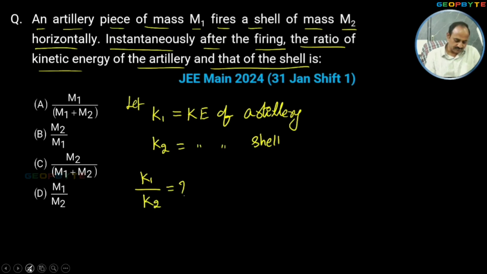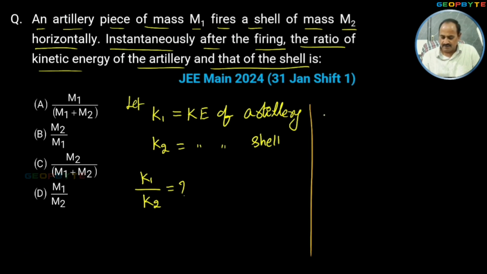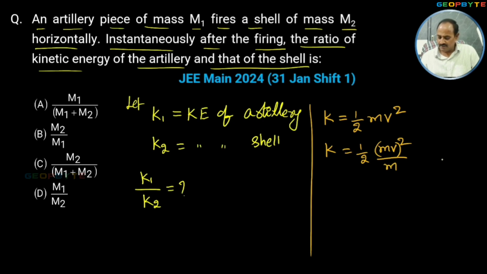For that, let us take the general formula for kinetic energy. Kinetic energy K equal to half mv square can also be written as K equal to half mv whole square divided by m, because the product of mass and velocity is the linear momentum.